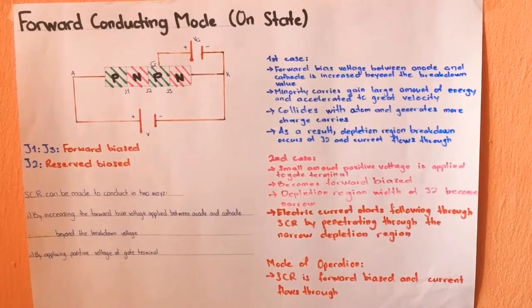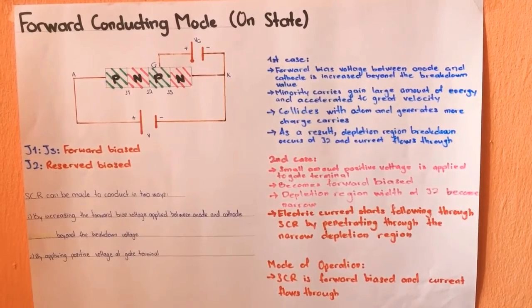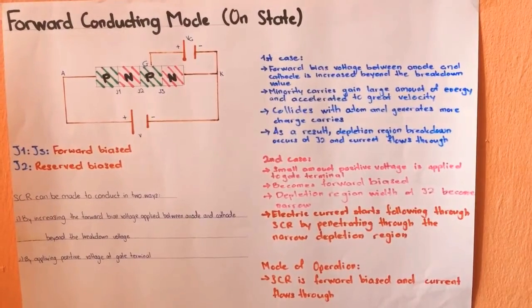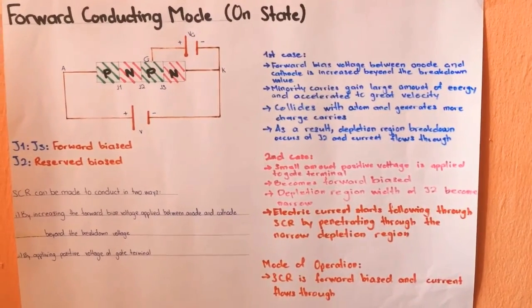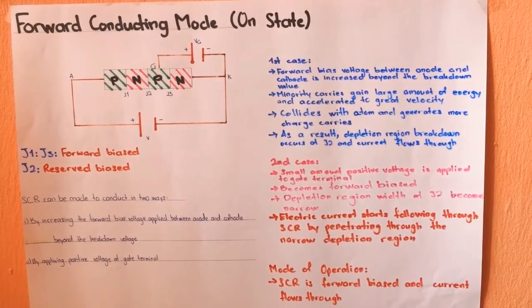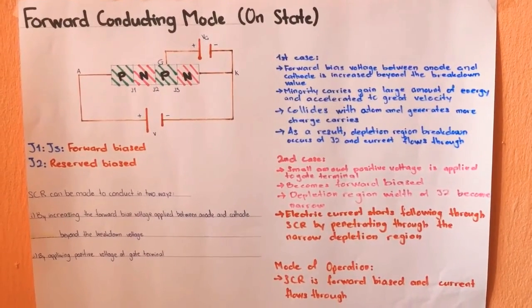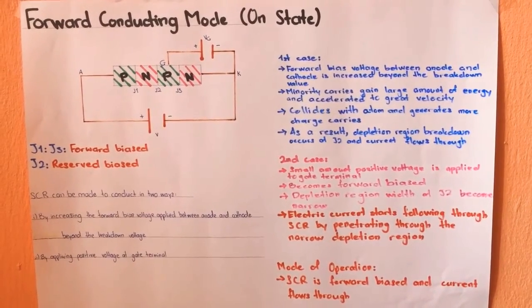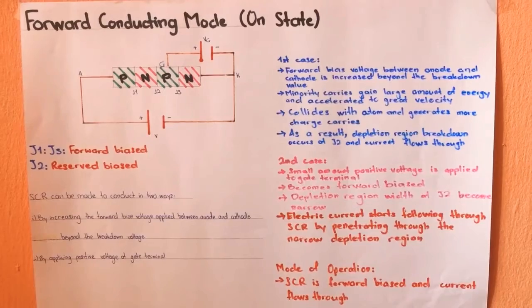Now I will explain the second operation mode, which is forward conducting mode, the on state. In this mode, the circuit is still the same except for the gate terminal, where a small amount of voltage is applied.